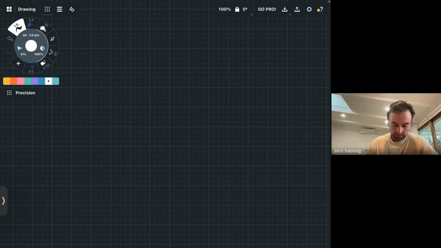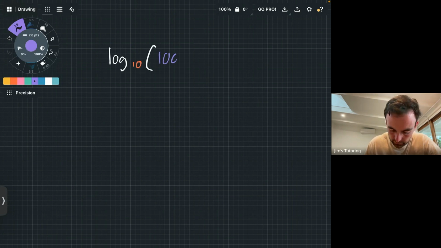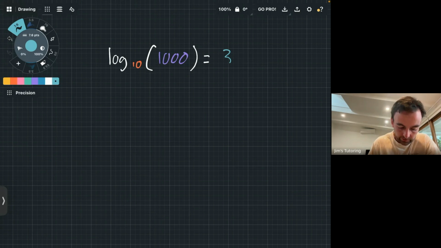All right, so logarithms. When we have a log, it's a function which looks like this. Now, sorry if this is a little bit introductory for some of you, but I think it's important just so we're all on the same page. What this logarithm does is I like to think of it as a question.